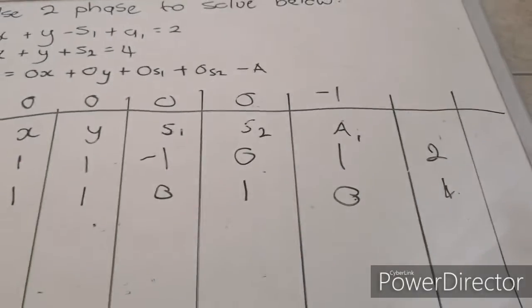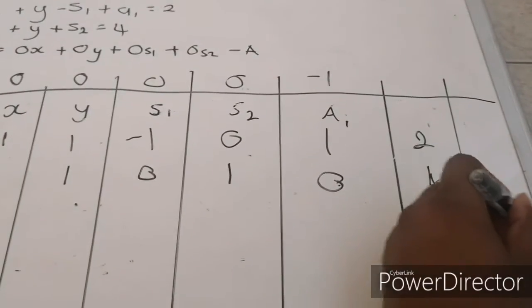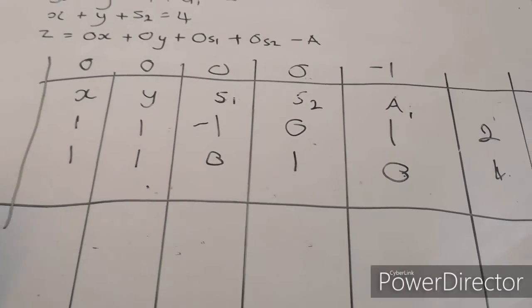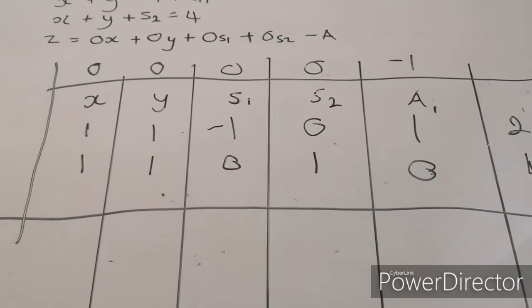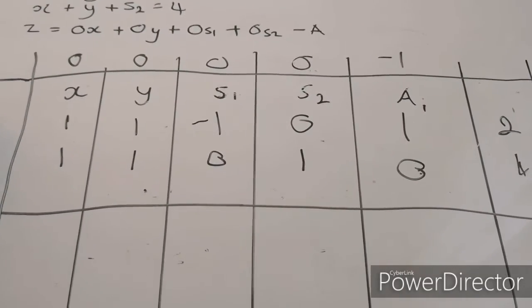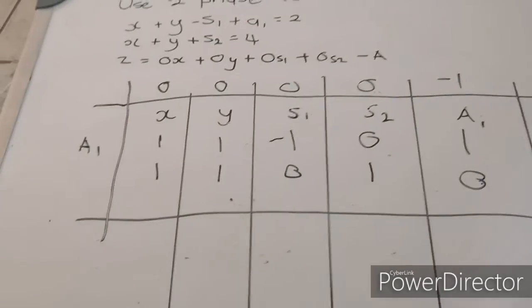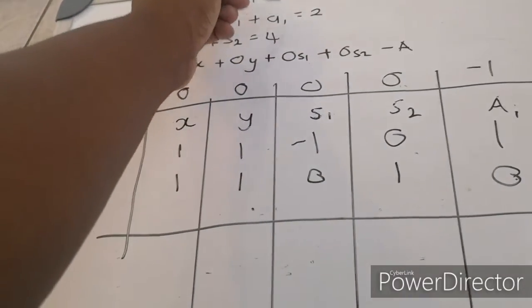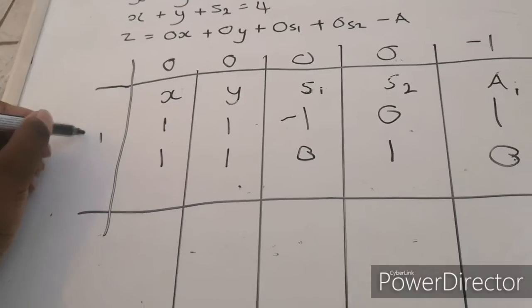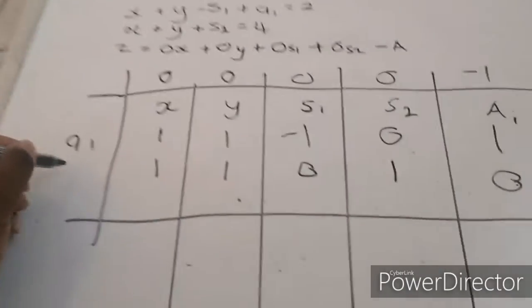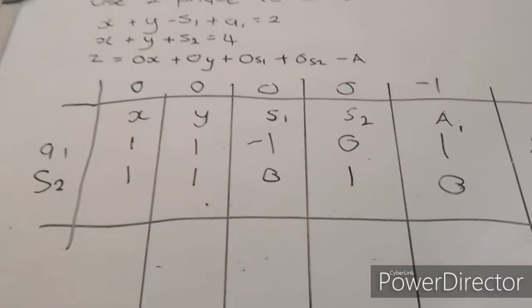In order to do that, we need to set up the table in order for us to eliminate A1, being an artificial variable, and that's what we see here. The second one would be S2, which is second in line.